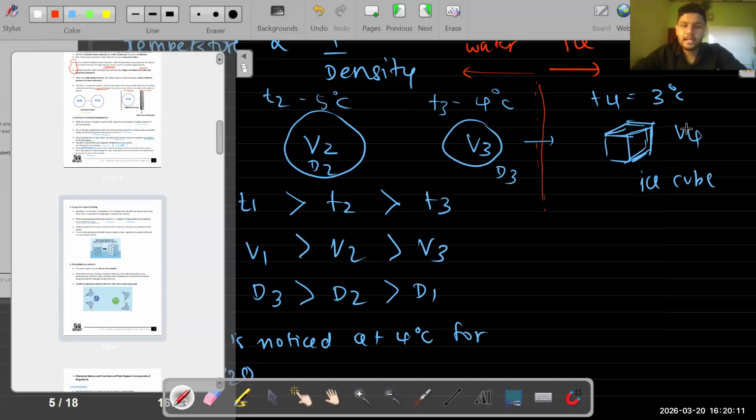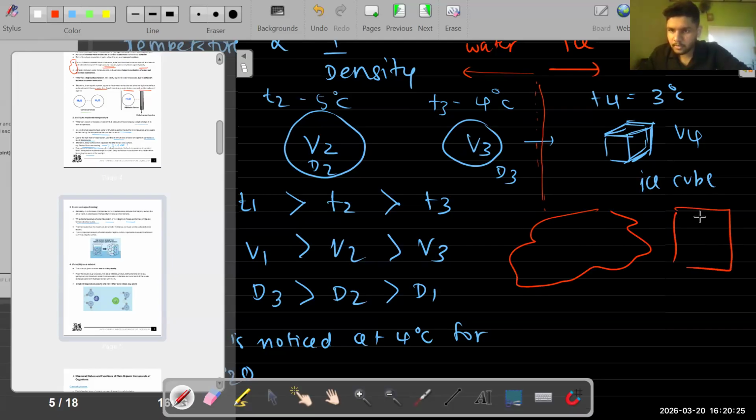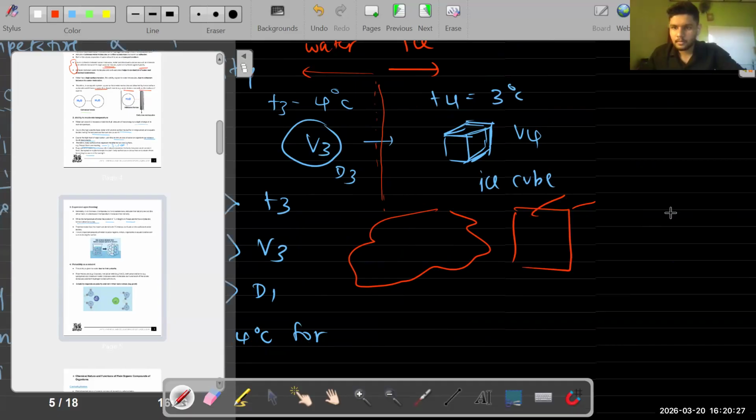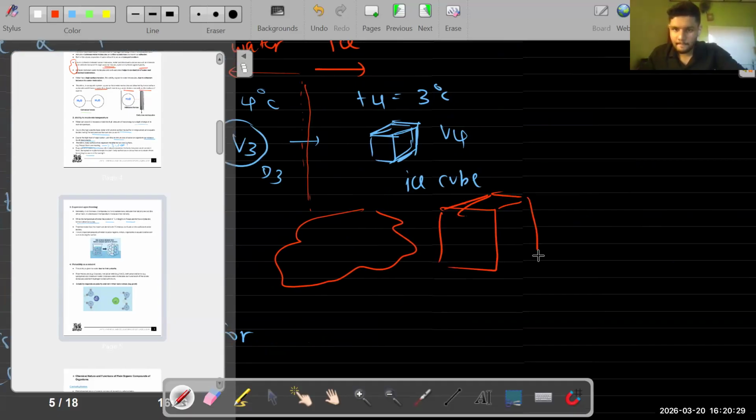Right. Now, if you see, liquid water has a higher density or ice? So ice cube. Now see, liquid will look like this, right? Or ice cube, the volume. So the volume means the space it occupies. Now if you see liquid droplet, it will be looking like this, right?